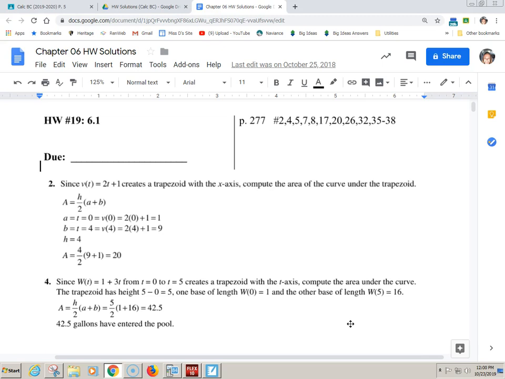One of them was literally looking at the area and seeing that it was a trapezoid, and then just using the area formula. You have to remember the area of a trapezoid. We're not doing trapezoidal sums yet, we're not doing trapezoid-like Riemann sums, but literally it was a trapezoid because you had that linear rate.